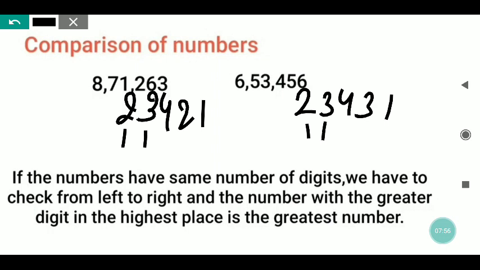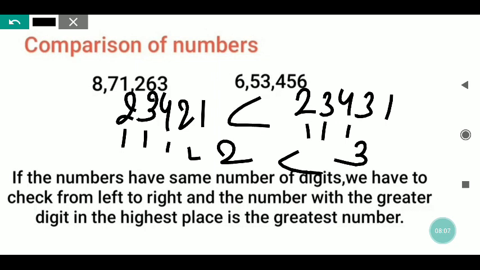Then it is 3 on both sides. Then it is 4 on both sides. Then it is, my dear, 2, and on this side, my dear, 3. Which one is greater? Obviously 3, so the whole number will become greater in that case. Like this only we do the comparison.